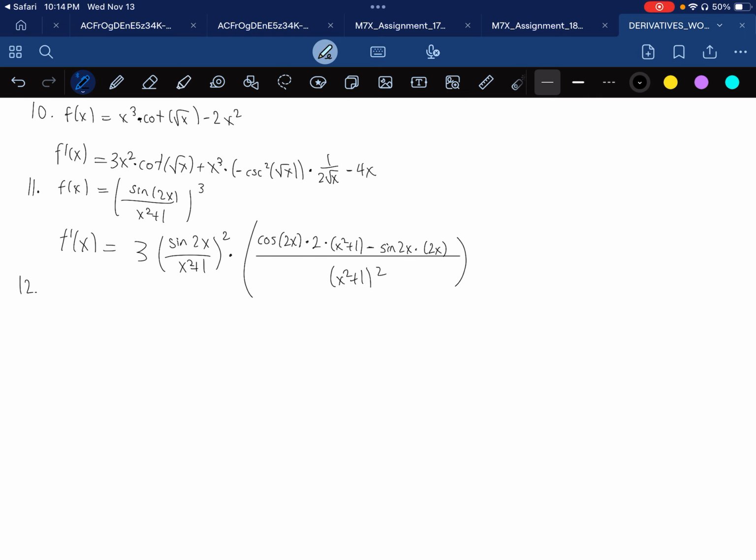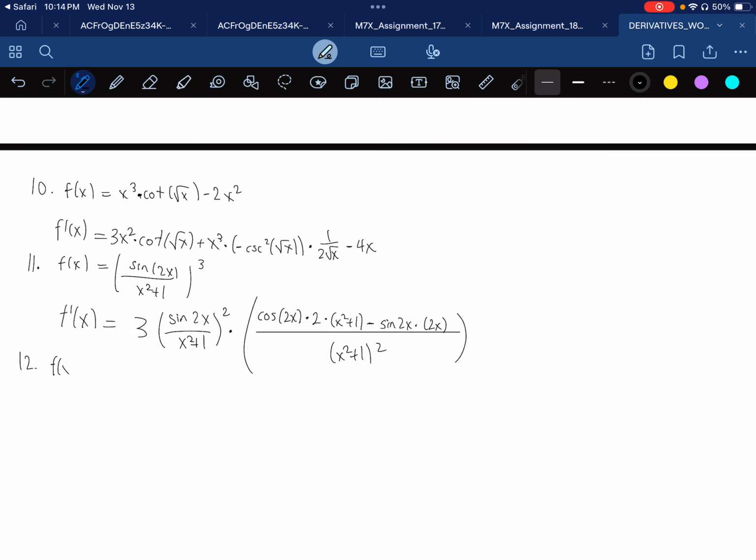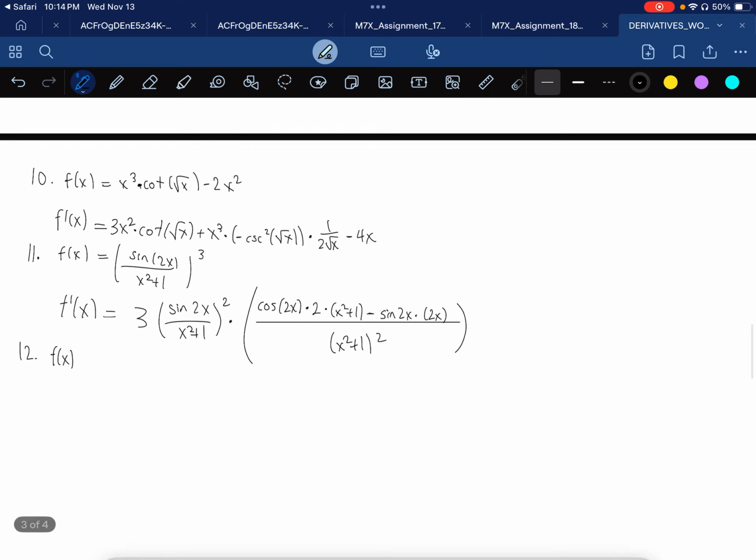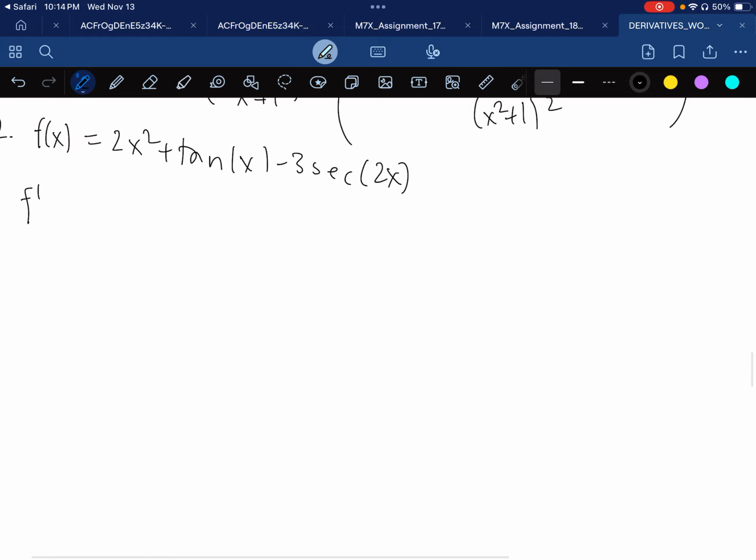So now we're moving on to problem number 12, past the halfway point. Actually, yeah, past the halfway point for problem 11. F of x is 2x squared plus tangent of x minus 3 secant of 2x. And you'll notice this one's not too complicated, really.